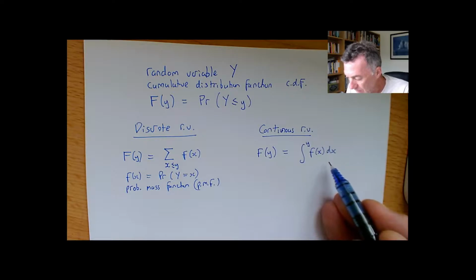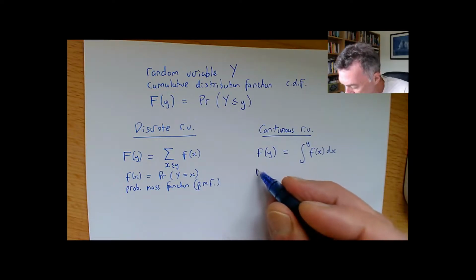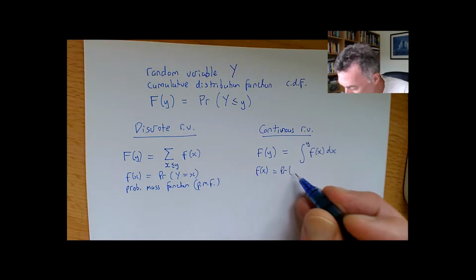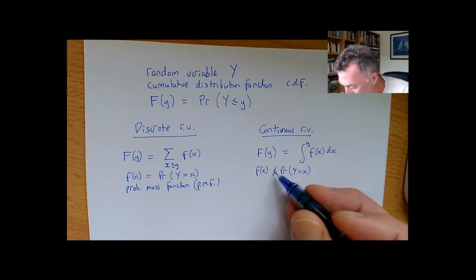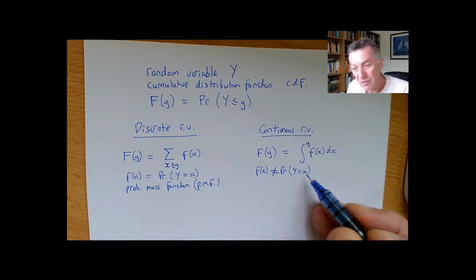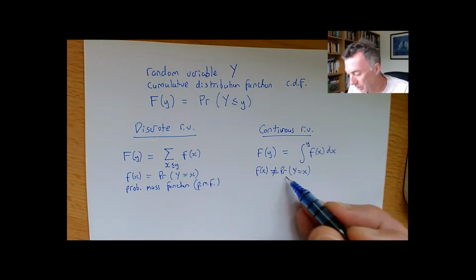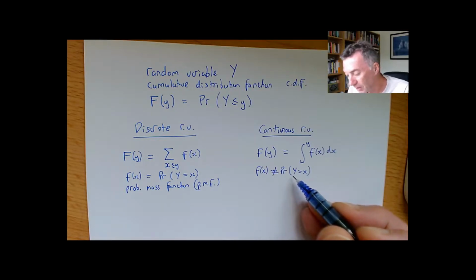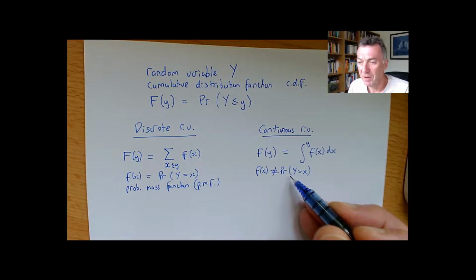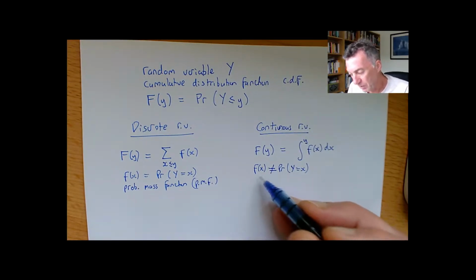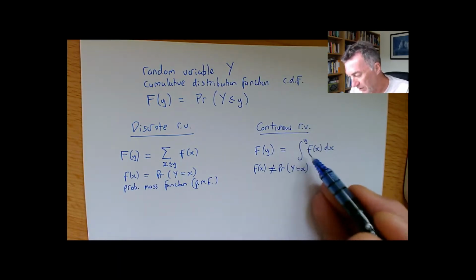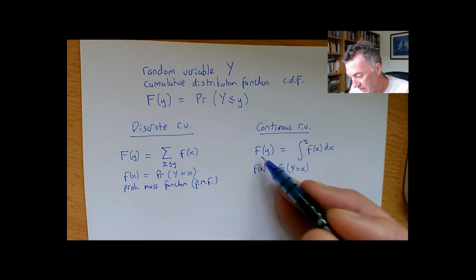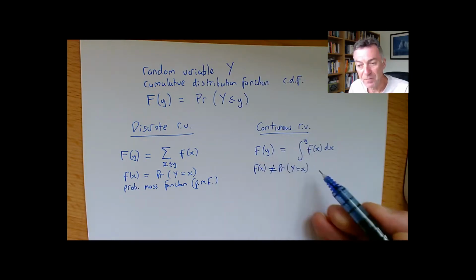It would be wrong to say that little f of x here is the probability that Y is equal to x, because if there's a continuum of values, there's an infinite number of little x values, so the probability for any particular one is infinitesimal, pretty close to zero. So it makes no sense to define it the same way as when it was discrete. We can only define it by the calculus: the integral of little f gives you big F.